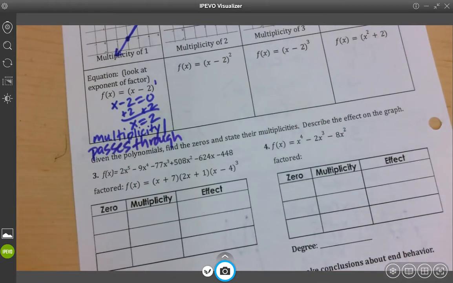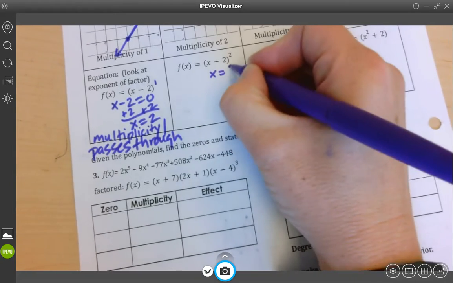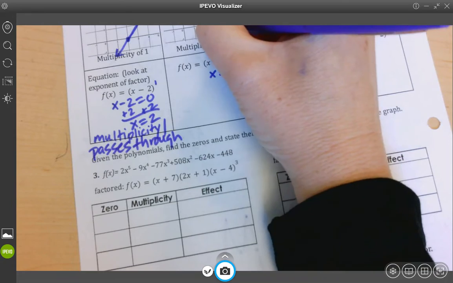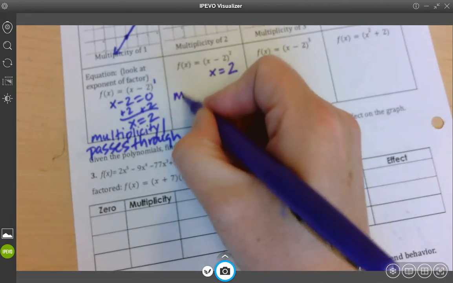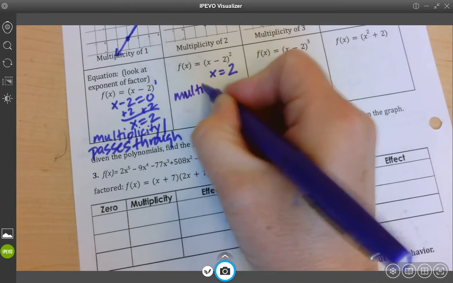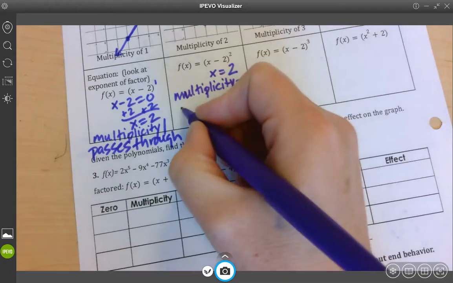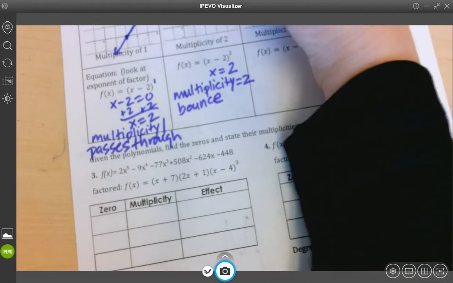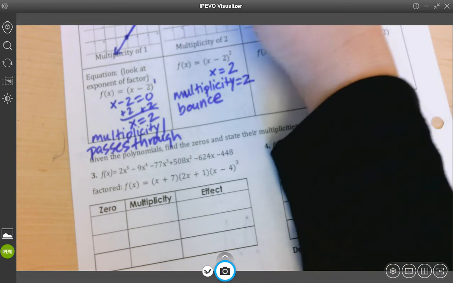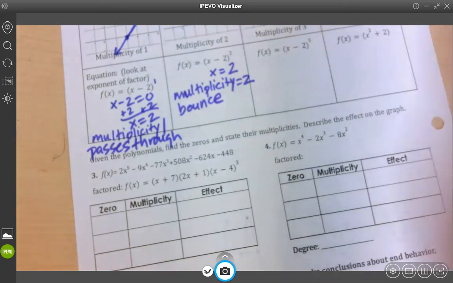Okay, multiplicity 2 is what we just noticed. We still get x equals 2, so there's still a 0 at 2. But when the multiplicity equals 2, then it bounces off the x-axis. So like that.